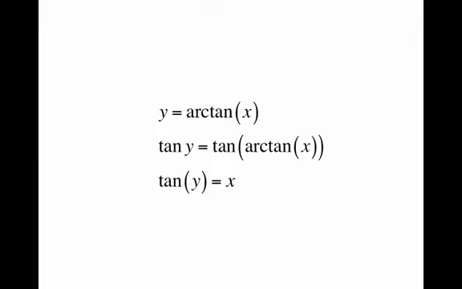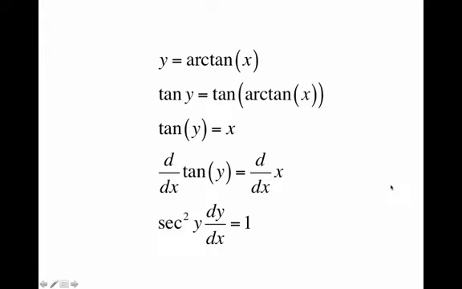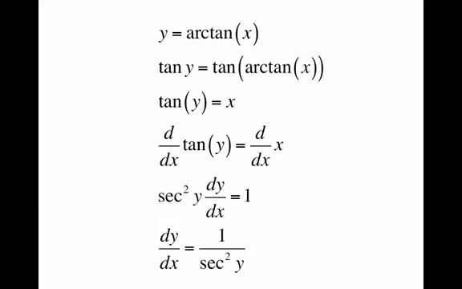So the derivative of tan is secant squared, so it's secant squared y, attach a dy dx. And then on the right hand side, the derivative of x with respect to x is 1. So now solving for dy dx, which is what we seek, you're dividing by secant squared y.